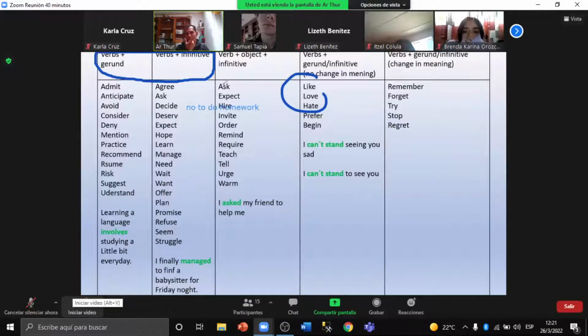I have, tengo. In this case, it's a verb. I have to, you have to. Tienen que, tengo que. So it's not necessary to use have like a modal verb. In this context, have is a verb. It's a poor verb. I have to, full infinitive.